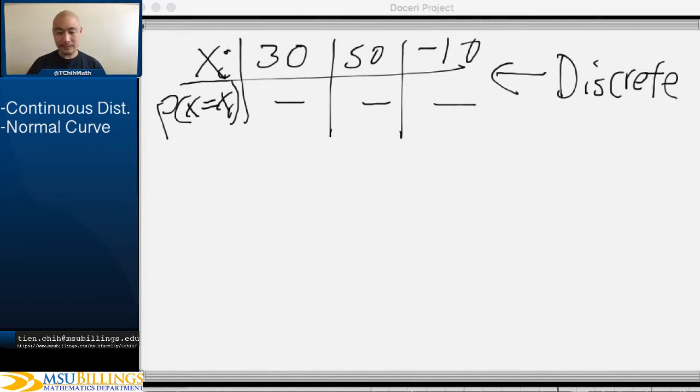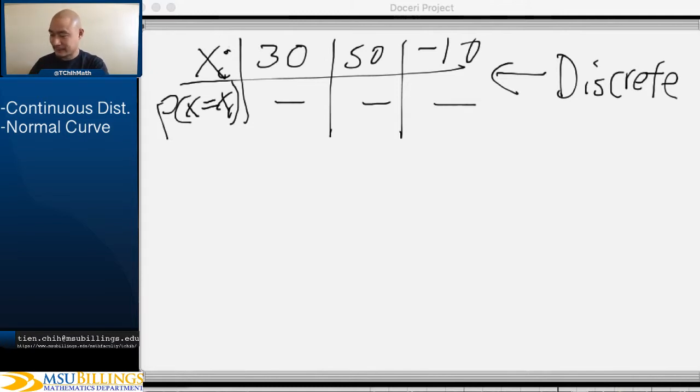So remember when we first talked about the different types of random variables, we said that the two types of numerical variables were discrete and continuous. And so we are going to be shifting now from discrete variables to continuous variables. And we will be shifting back to discrete a little bit down the road.